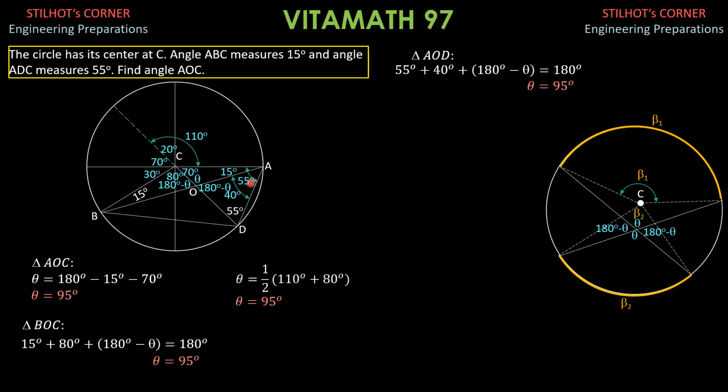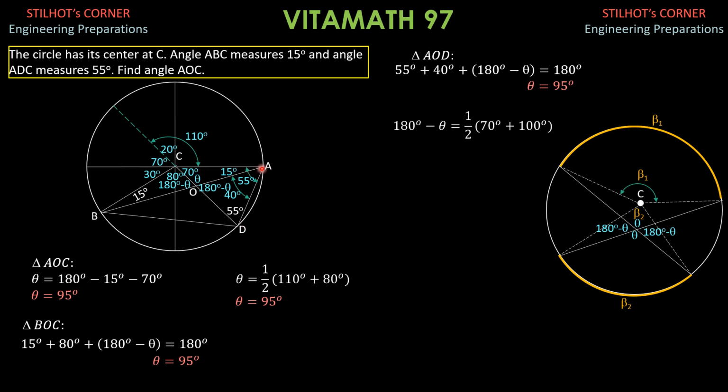Likewise, these chords also subtend this arc, for which the angle occupied is 70 plus 30, 100 degrees. And this arc here, AD, is equal to 70 degrees. Therefore, by this principle, 180 degrees minus theta is the angle that subtends these two arcs.